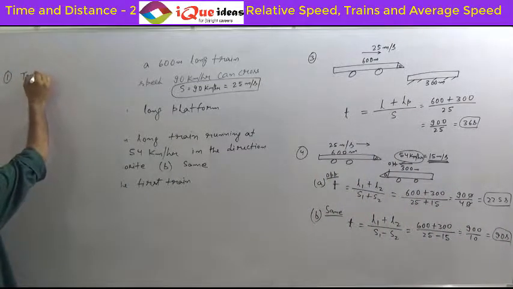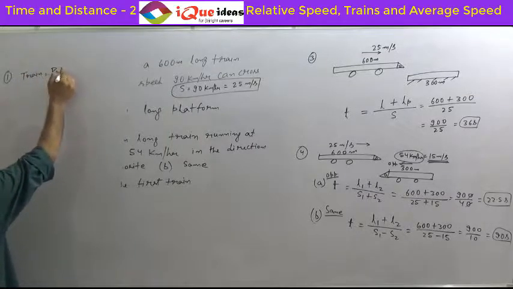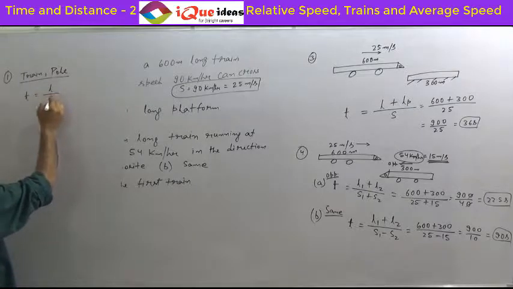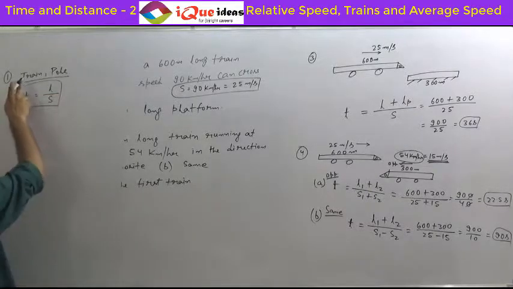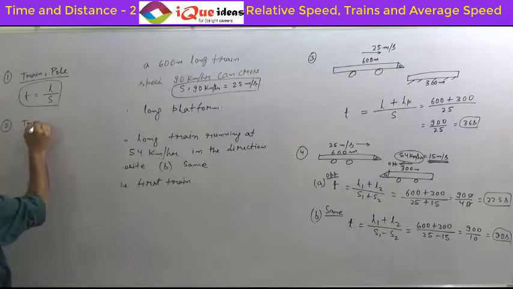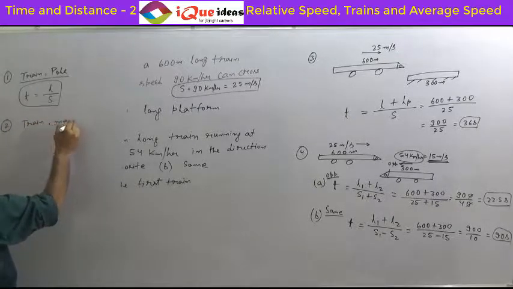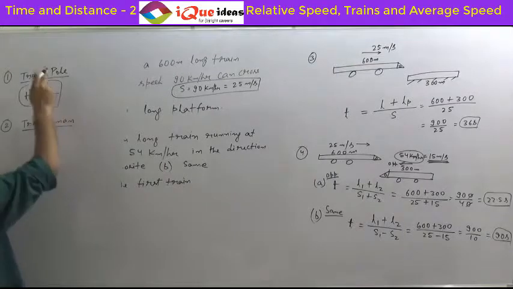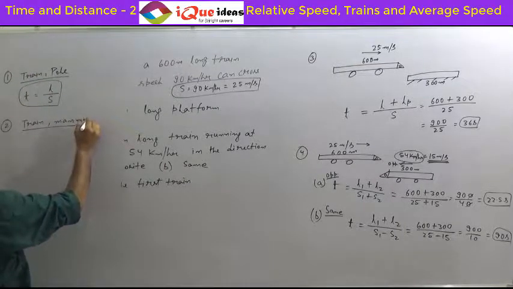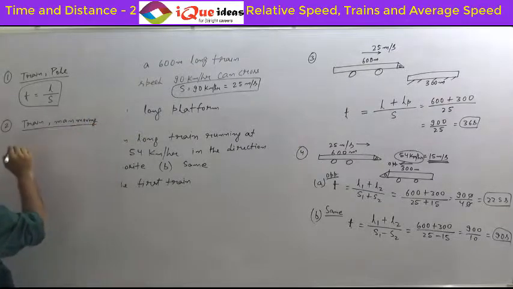I simply like to write certain cases. Train, pole. Remember, first case, time taken is equal to length of the train divided by speed of the train. So train to cross pole. Second, train, man. Now if the man is stationary, then it has to be same as the pole. But if the man is moving, then two cases.